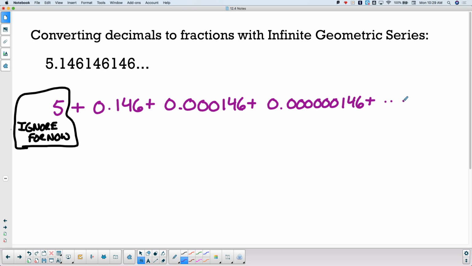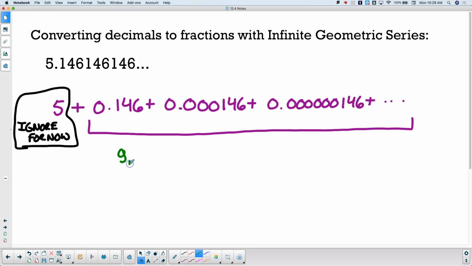Now, let's just look at the repeating part. What is my first term? 0.146. What is my R value?